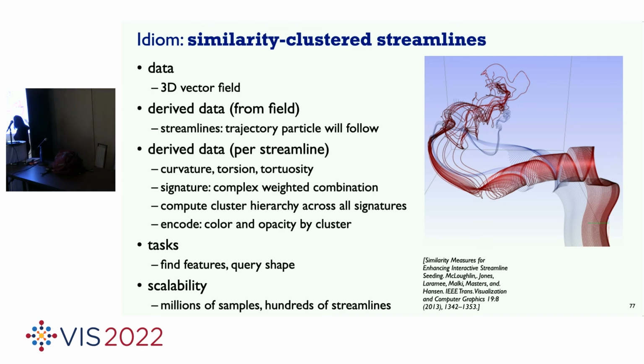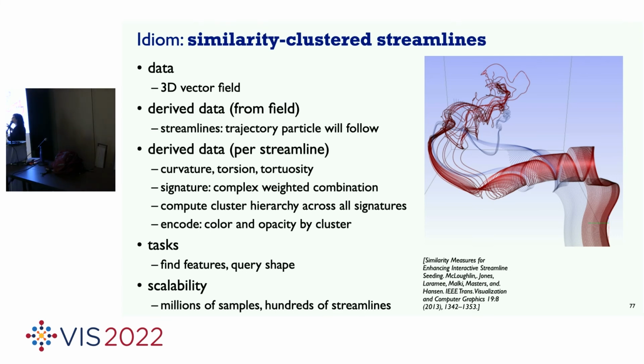The first thing they do is have derived data of the streamlines, which are these trajectories that the particles would follow. And they seeded them from just one corner of this box, so a very small number of seed points compared to the entire volume. Then for each one of these computed complex lines, they compute a lot of metrics, things like curvature, torsion, and tortuosity.